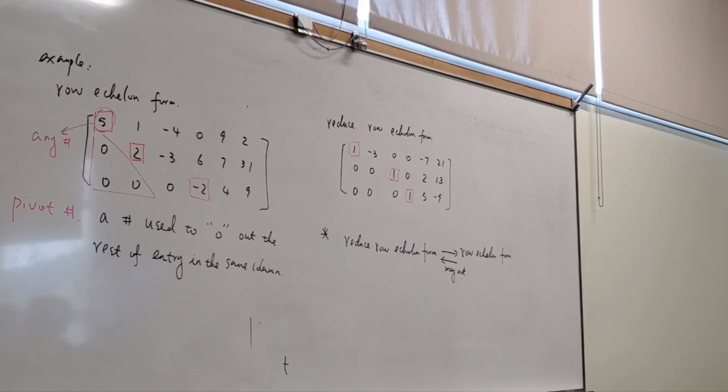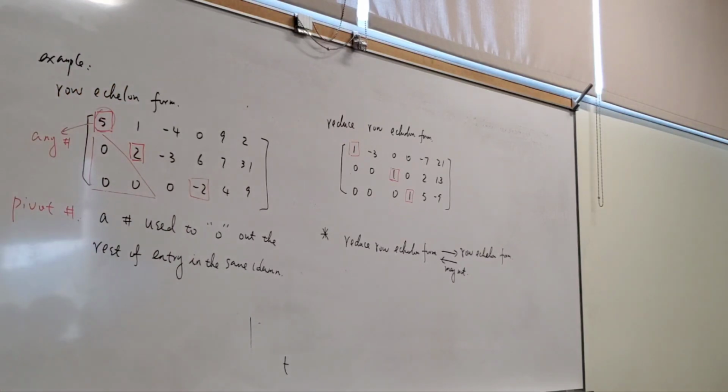Now the methods we're going to use to solve are called Gauss-Jordan and Gaussian elimination. Gauss-Jordan uses the reduced row echelon form.